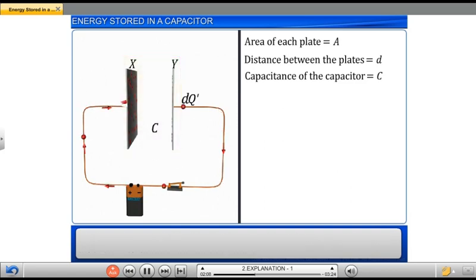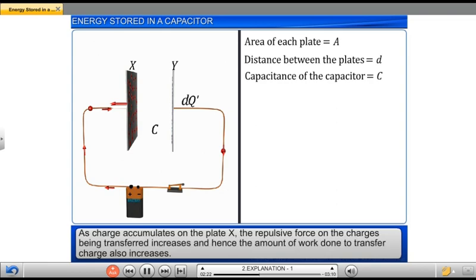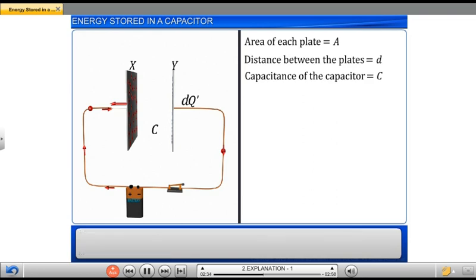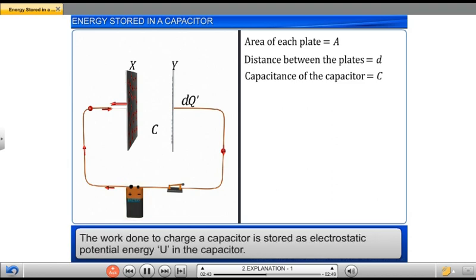In other words, we can say that there exists a force that repels the transfer of charge plus dq' repeatedly to plate X. Therefore, as charge accumulates on plate X, this repulsive force on the charges being transferred increases, and hence the amount of work done to transfer charge also increases. This work is actually done by the battery at the expense of its stored chemical energy. The work done to charge a capacitor is stored as electrostatic potential energy, U, in the capacitor.